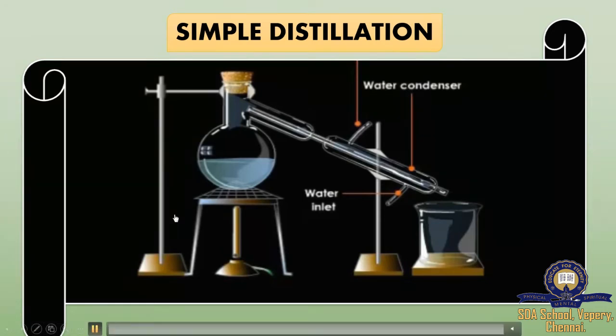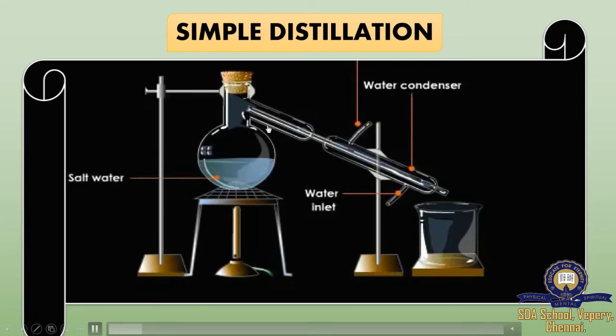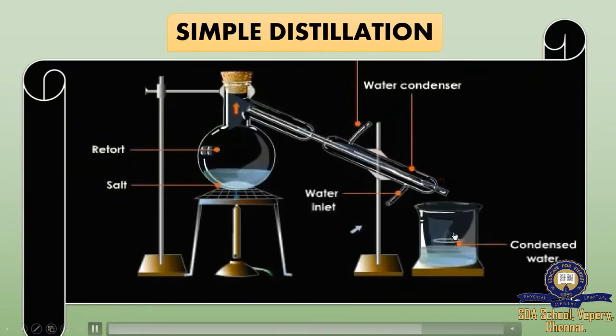So in a retort, this is a retort, we have taken the salt water and it is allowed to be heated. Once it is heated, it reaches the boiling point, the steam arises, right? The steam arises and those steams get collected and give the droplets of water.